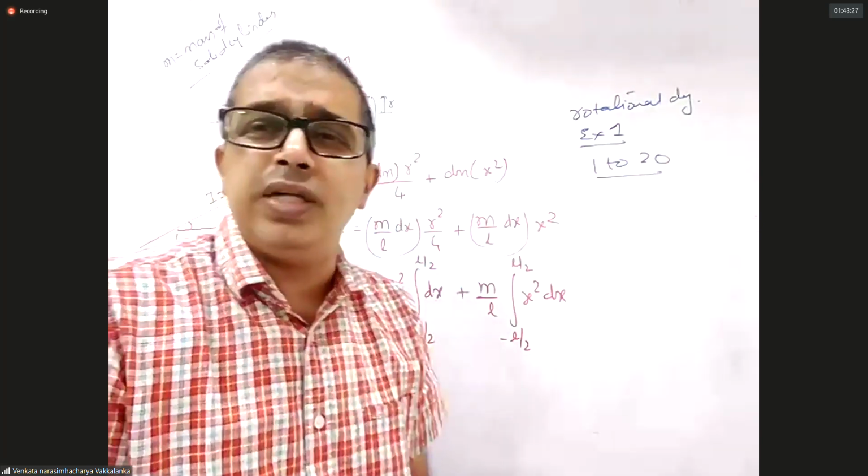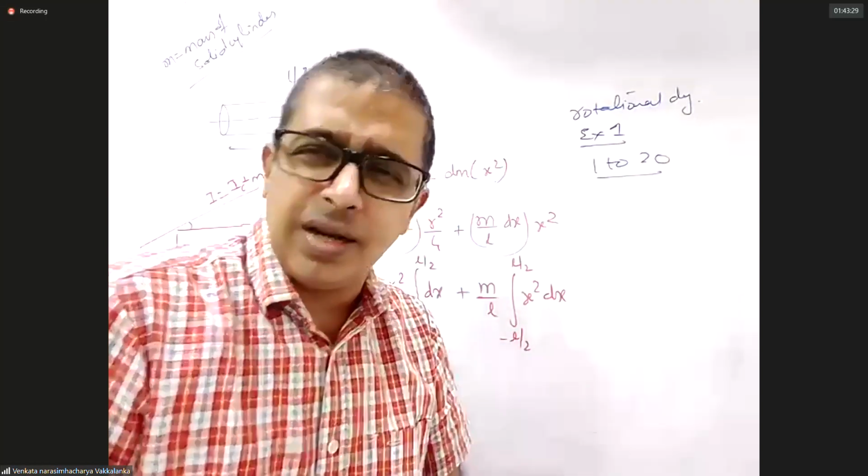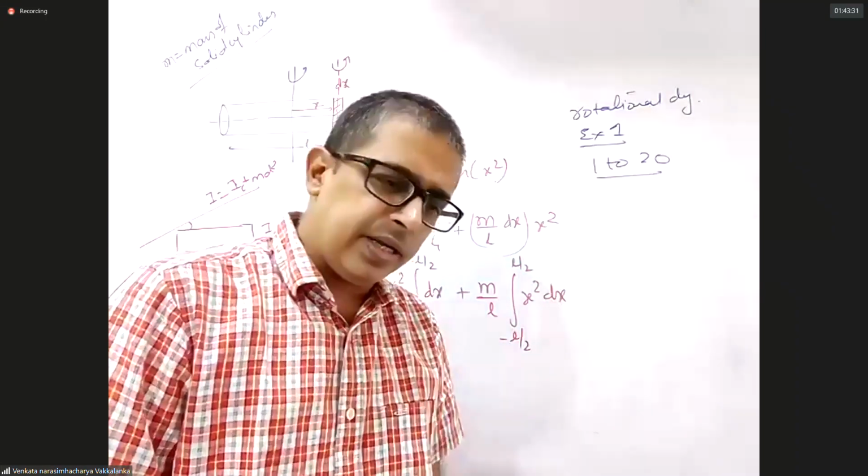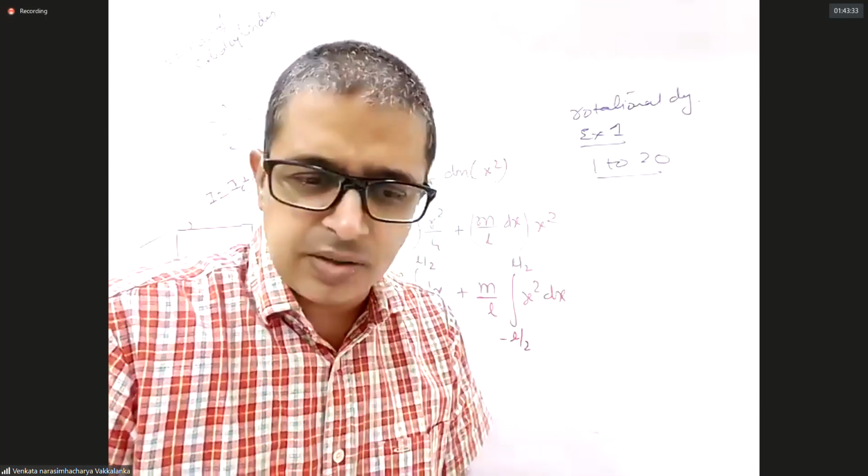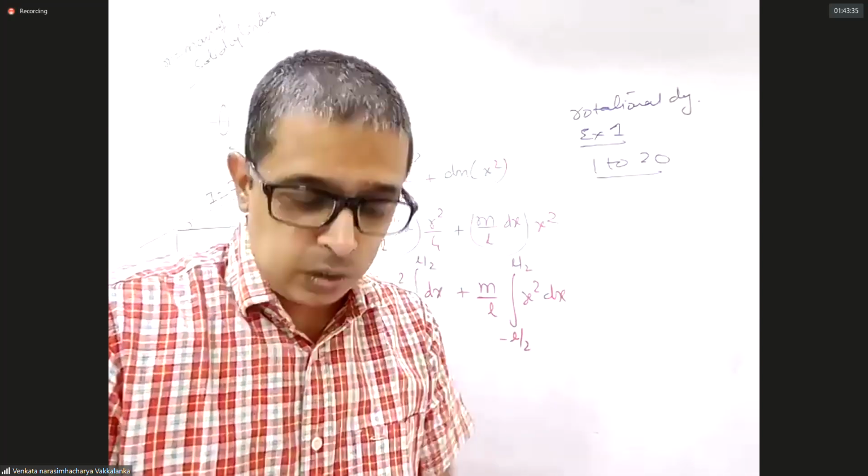Don't jump too much on variable mass, it is unnecessarily deviating. But if you want, in one of the doubt lectures I can discuss a few of those doubts. Not an issue.